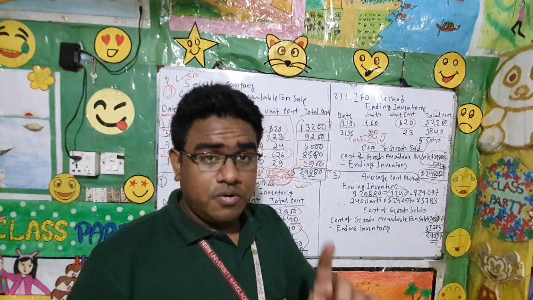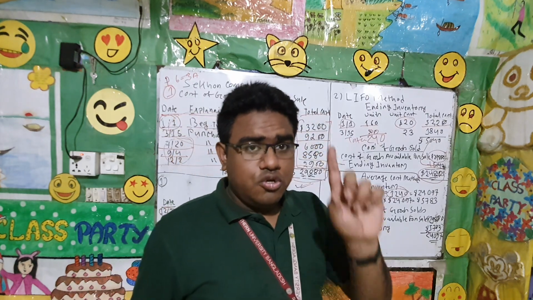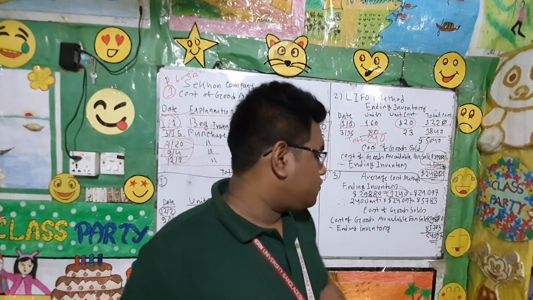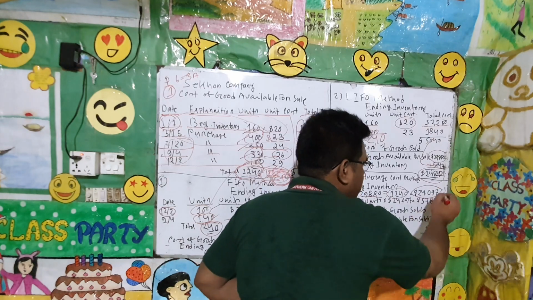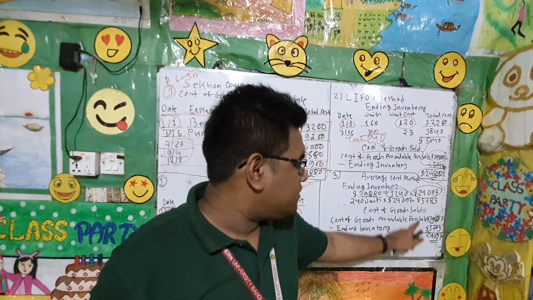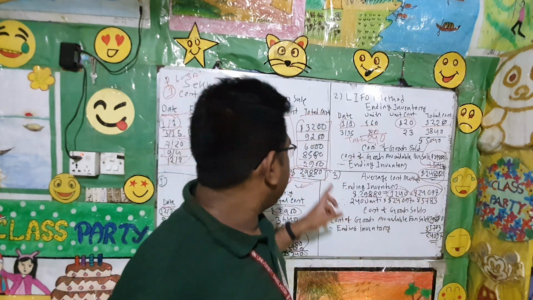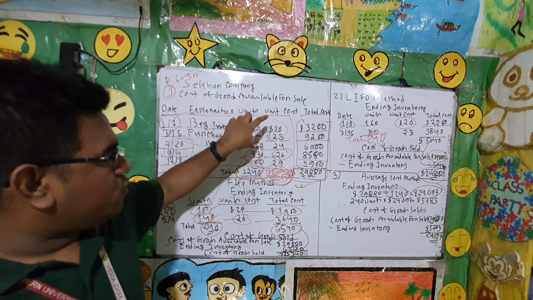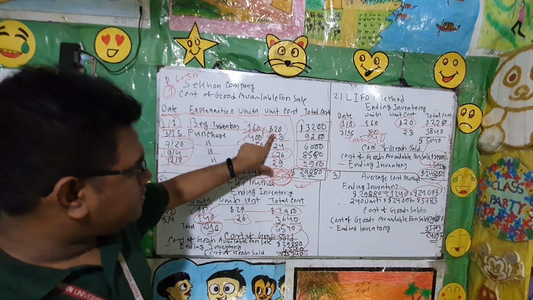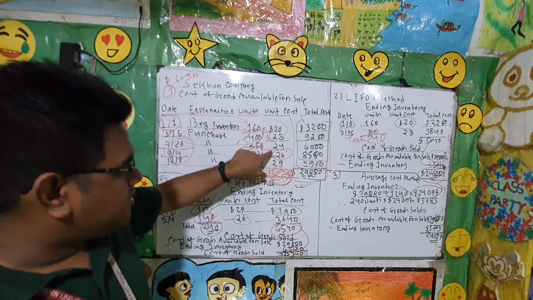If you divide total cost by total units, you will get the per unit cost, which is 24.097. See one thing, here you will get $20 beginning inventory, then 23, then 24, then 26, then 29.